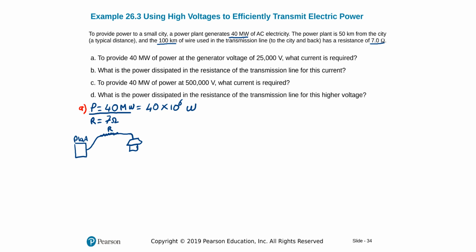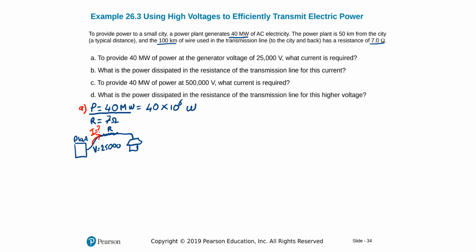Part A tells us to provide 40 megawatt of power at the generator voltage of 25,000 volt. What is the current required? So we want 25,000 volt here at the generator, and we will send those to homes. There will be a current generated through the wire. What is that current?